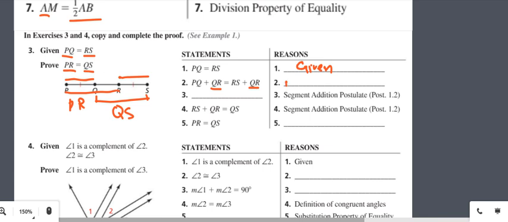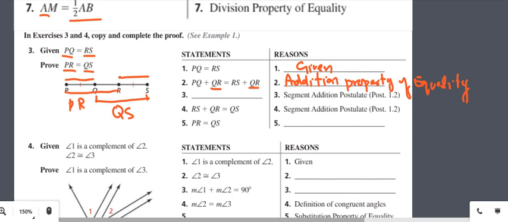Which property is this? Addition property of equality. With the addition property of equality, I can add QR on both sides because it is the same number.